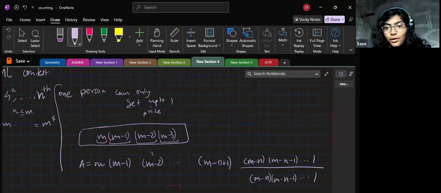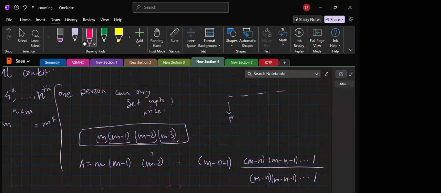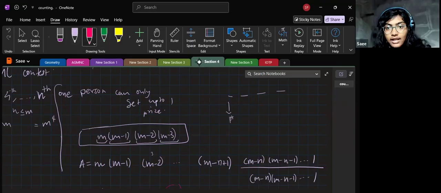So you want to give 4 prizes, right? And out of m people. So let's say you want to first choose the first prize. How many options do you have for choosing who to give the first prize to? If there are m people, we have m choices. Exactly.